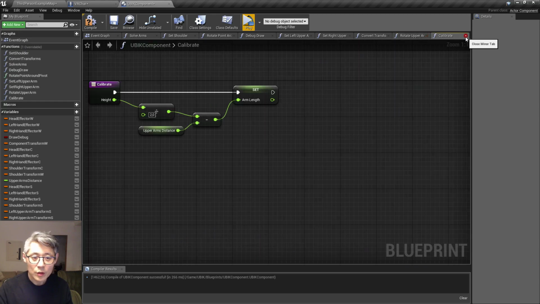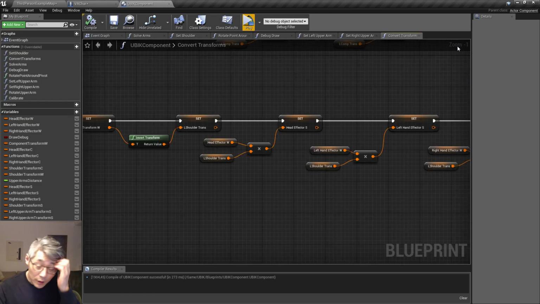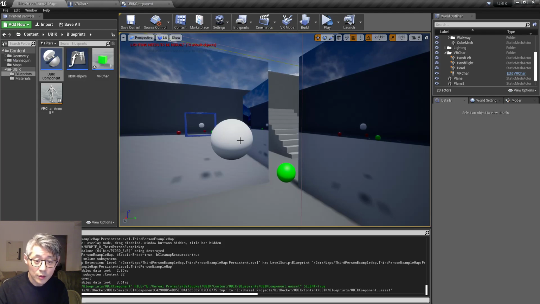Let's see. So we managed to make a very simple calibrate function, and we also managed to set the upper arms rotation at the moment. And I believe the next thing we should tackle, or at least address in some way, should be how we create a better rotation for the shoulder, or what is going to be the basis for the chest at some point.